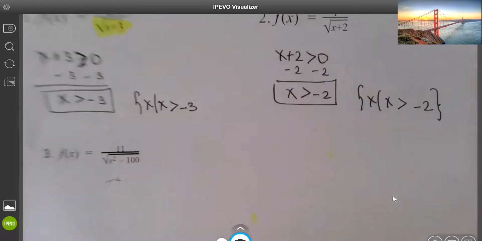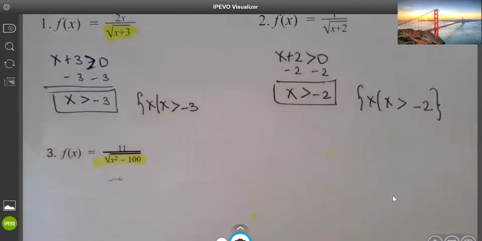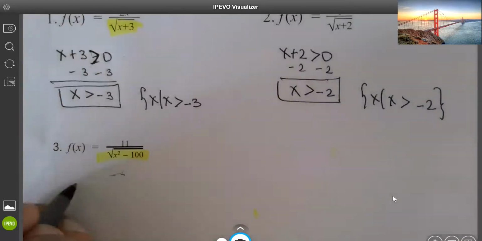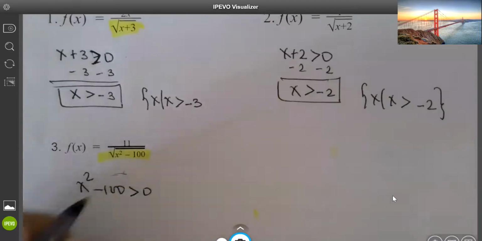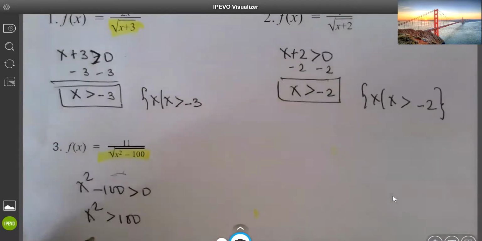the denominator is the square root of x squared minus 100. Okay, so this one is x squared minus 100 greater than 0. So x squared is greater than positive 100.